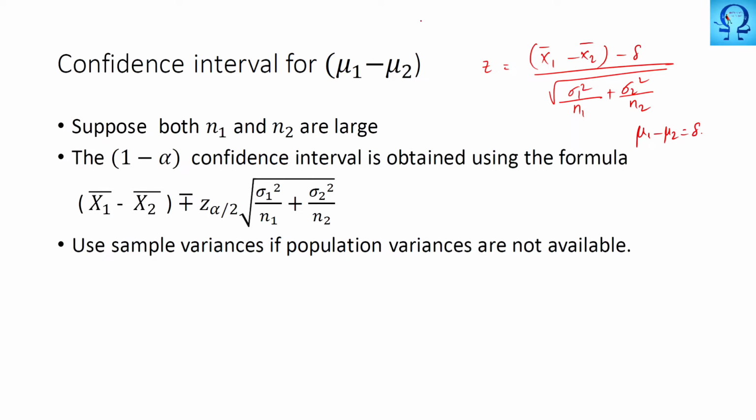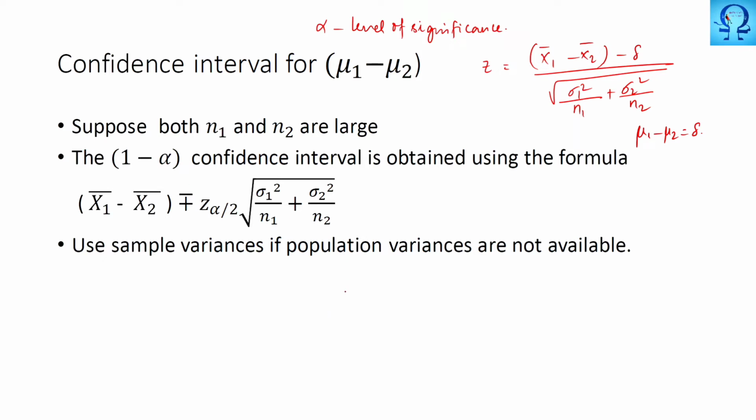And some level of significance alpha is given. For each problem it is given. In a practical situation, we choose this level of significance, that is our alpha. Confidence interval means on both sides, both on the left and on the right of delta, the quantity we are going to find, we will find something.